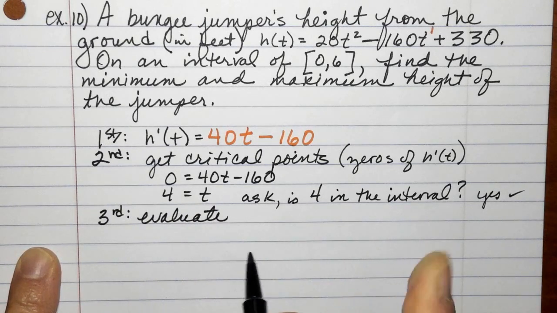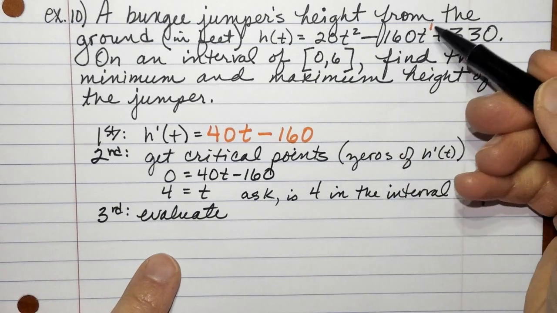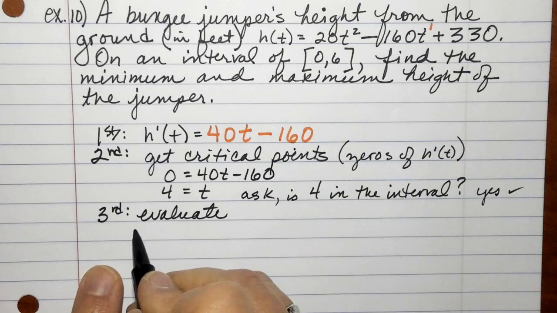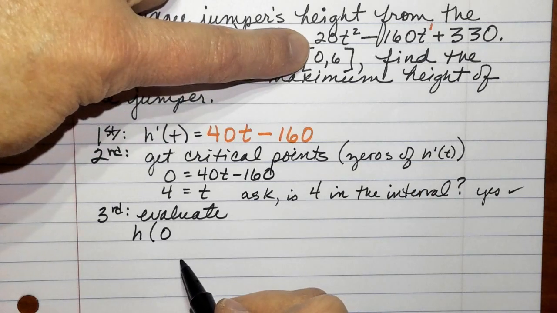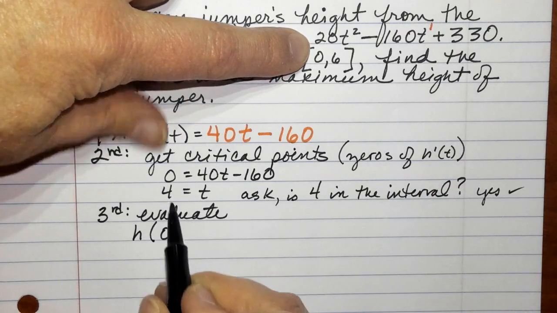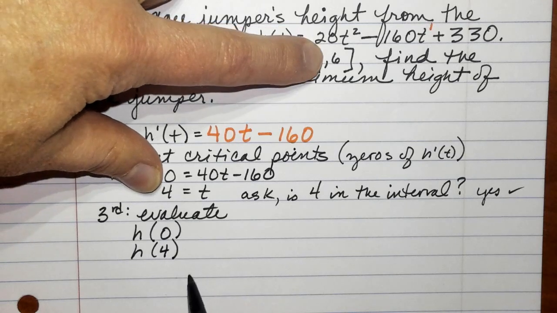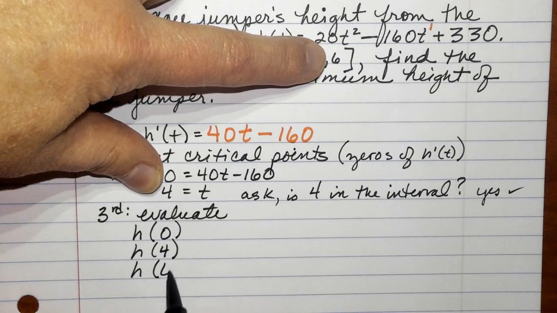You need to be careful here because you're evaluating the original function now at those times, not the derivative. So you are evaluating the function at 0, the minimum of the interval, at our critical value of 4, and at the other end of the interval, 6.